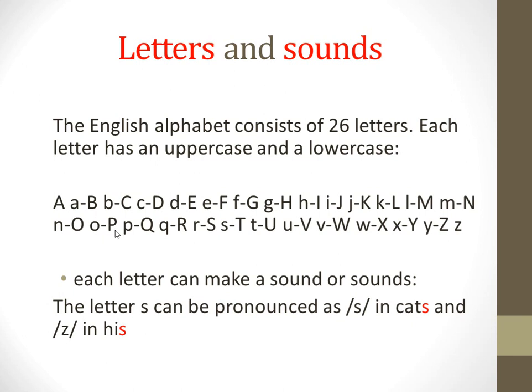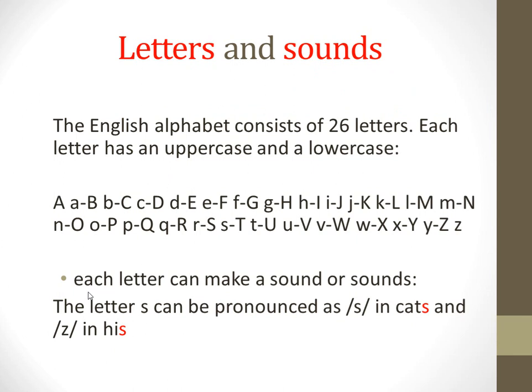What we need to know is that there is no one-to-one relation between letters and sounds. What does this mean? It means that it's not always the case that a letter has one sound. Sometimes a letter can have more than one sound, or more than one letter can make one sound, and so on.